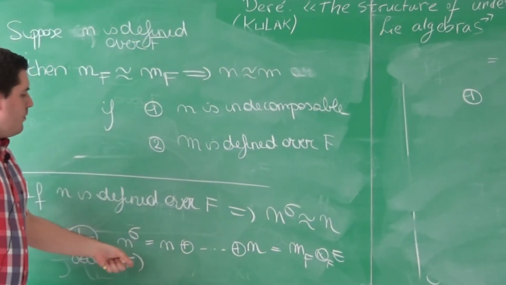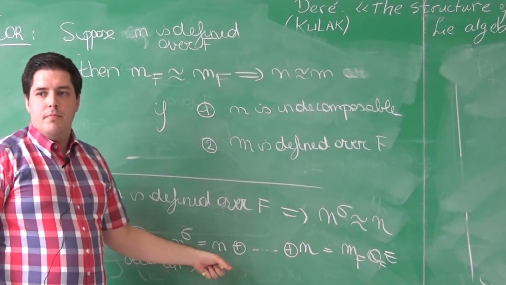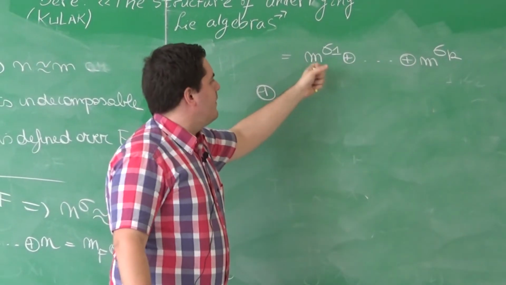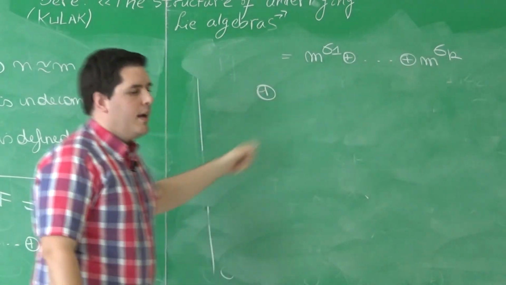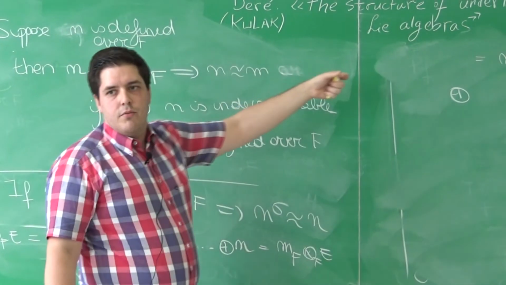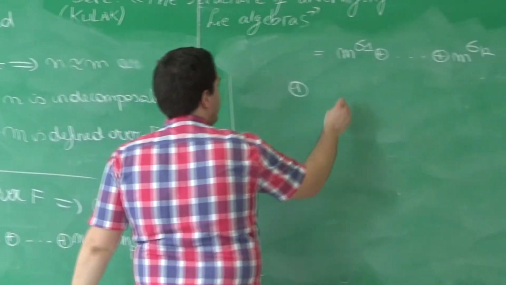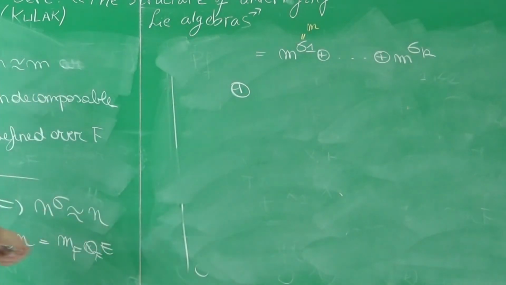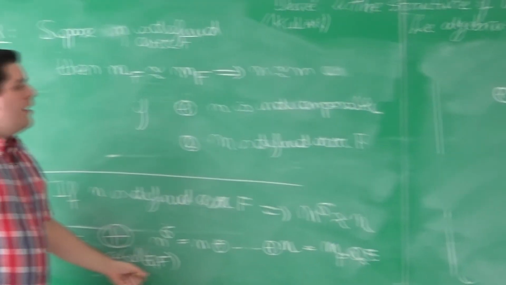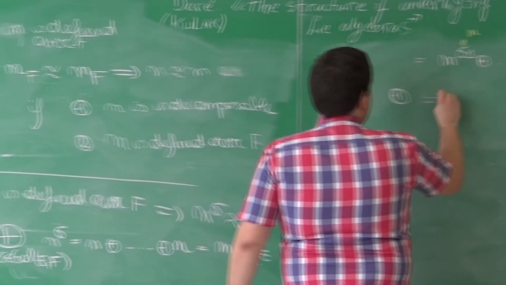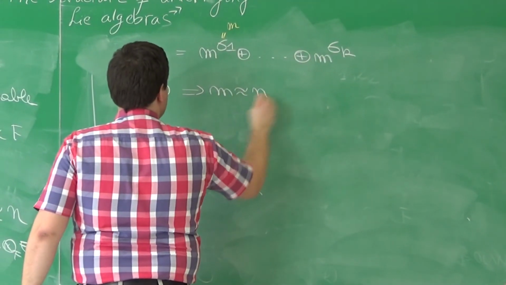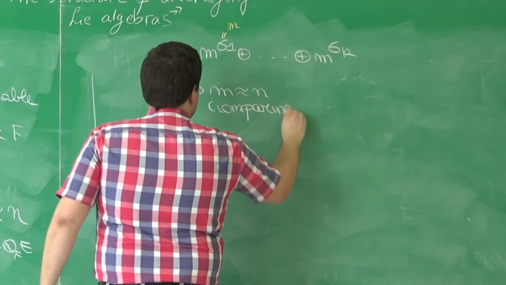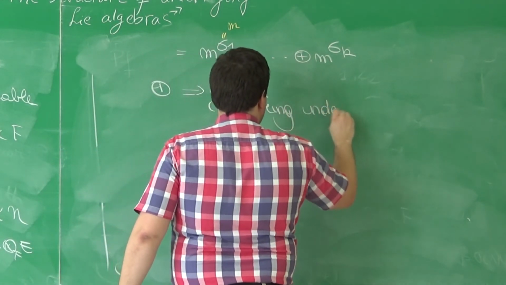If n is indecomposable, what I have here is a sum of indecomposables, and I also have the same sum here of the same length. So this implies that all these must be indecomposable as well, and that each one of these is isomorphic to one of those. And so the first one is just m. I mean, the identity is also in here. And so it implies that m is isomorphic to n by comparing the indecomposable components.